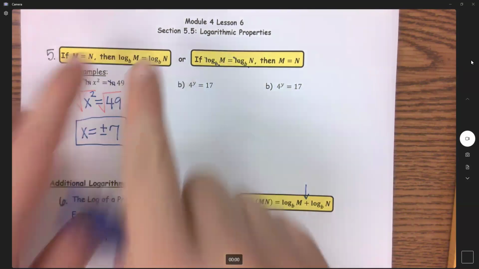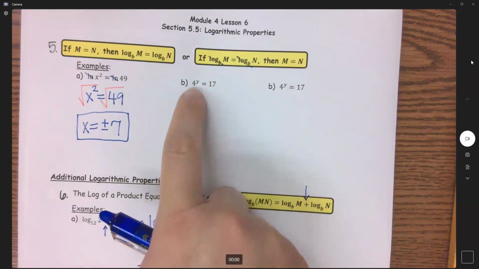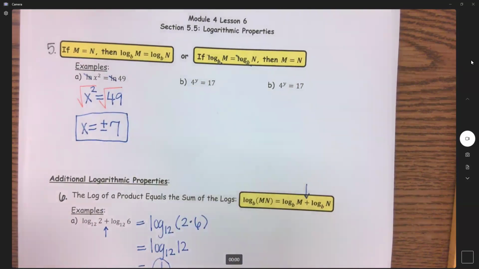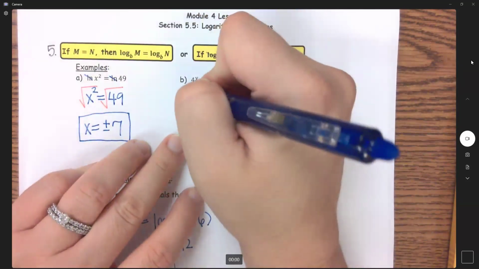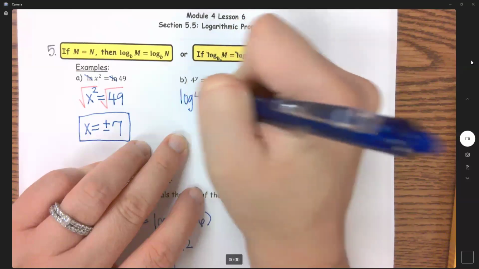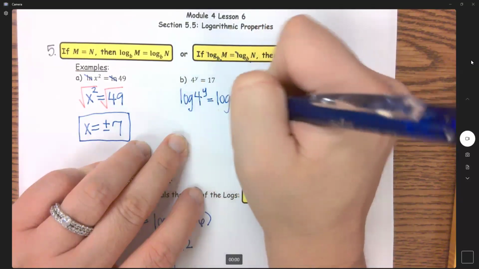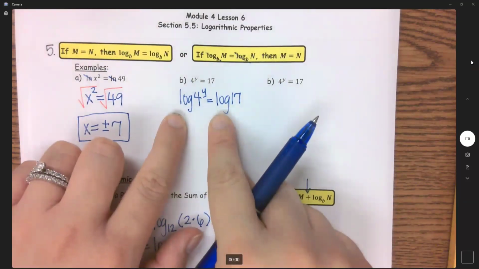So you can add in a log base 2, a log base 3, a log base 4, which actually 4 would work nicely with this being a 4. You can do a natural log or even a common log. It does not matter. So if I wanted to do a common log, I could do log of 4y equals log of 17. I have done the same thing to both sides, so we are good.